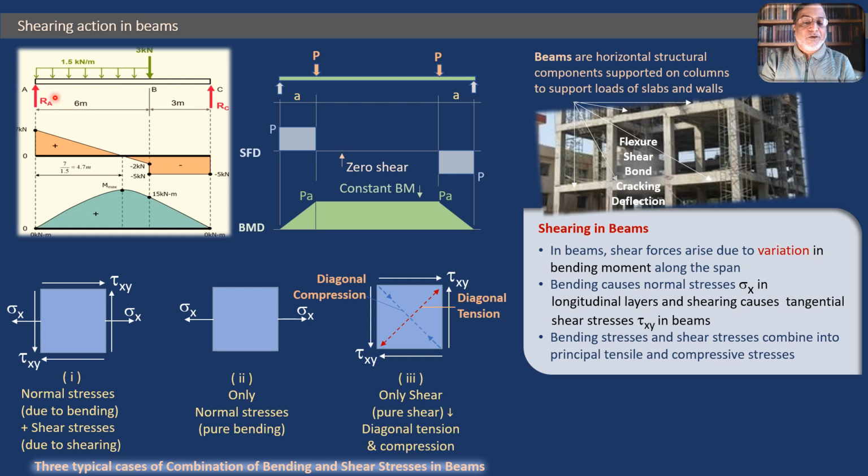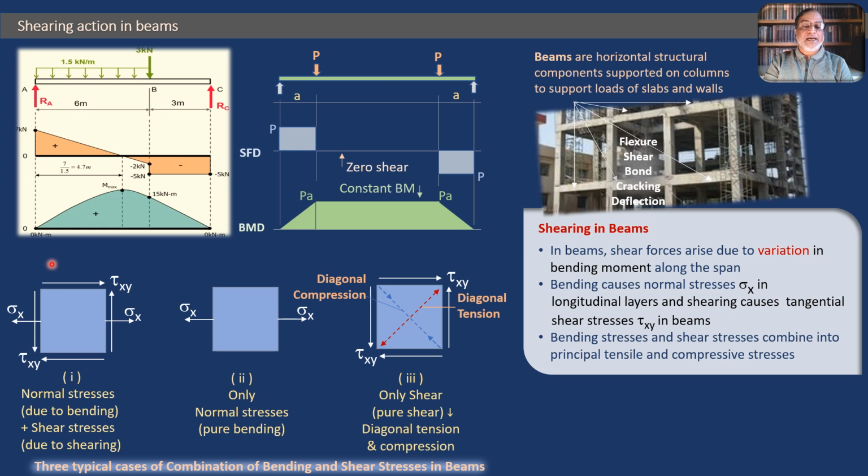Now let us go one step ahead of this. Bending causes normal stresses sigma x in longitudinal layers, and shearing causes tangential shear stresses tau xy in the beams. This second statement tells us one more part about the action of shearing in beams.